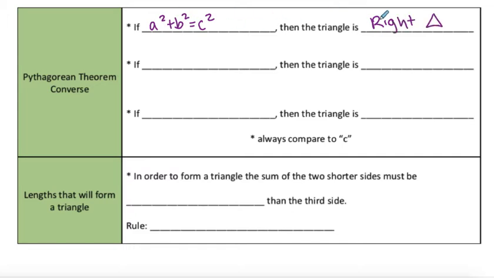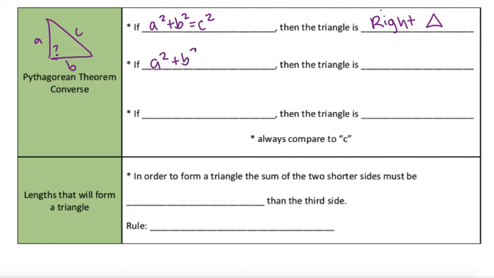So this goes the opposite way. So if I just have any old triangle and I don't know if this is a right angle, but I have the 3 side lengths, I can check. If a squared plus b squared equals c squared, that has to be true only for right triangles. So it tells me it's a right triangle. So what if it's not?